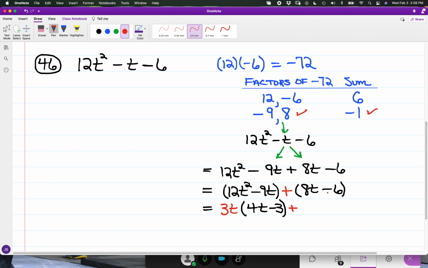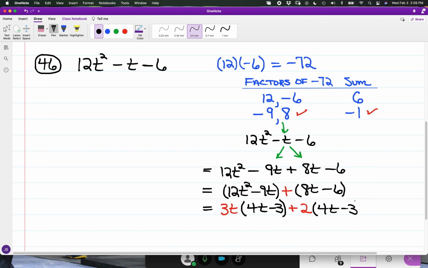And with 8t minus 6, we have t only present in the first term in this pair, so the greatest common factor is only going to be limited to a number. It'll be the highest value that will go into both 8 and negative 6, and so that will only be 2. And taking 2 into the second group, we also come out to 4t minus 3.